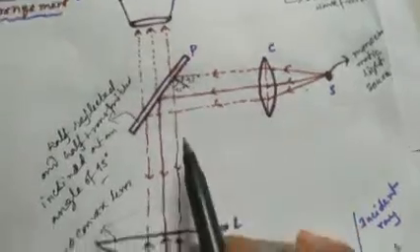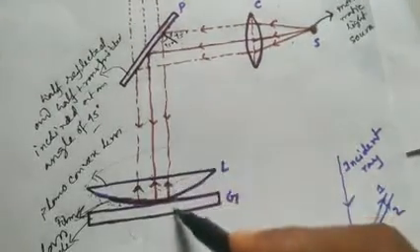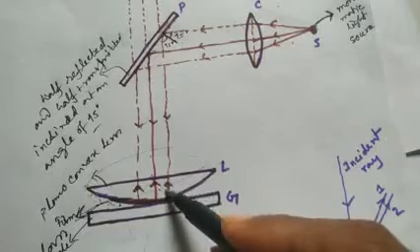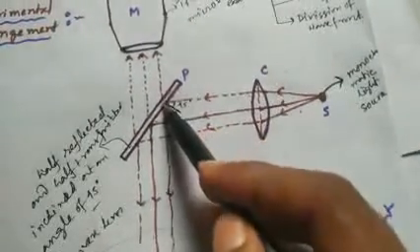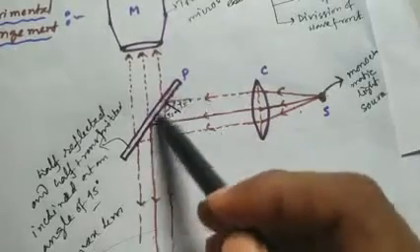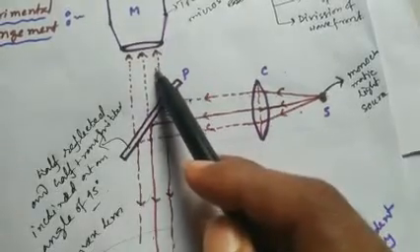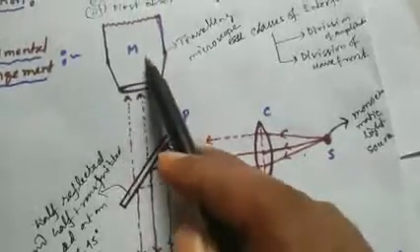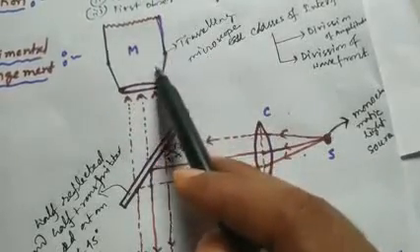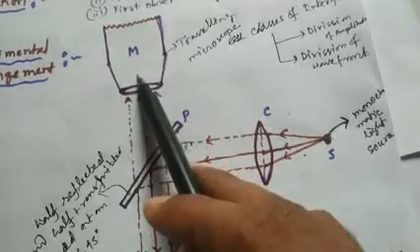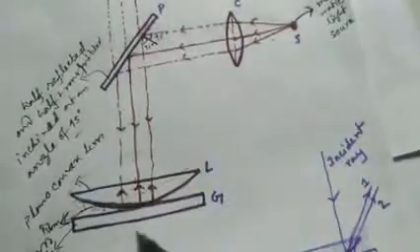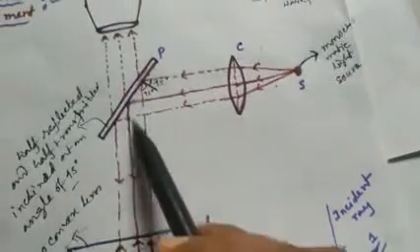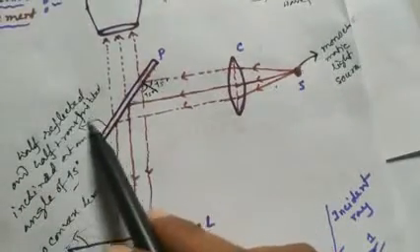Why half transmitted? Because the rays reflected from the film, incident normally at 90 degrees, are reflected and transmitted through P. If they were not transmitted, no rays would reach the traveling microscope and you couldn't observe the Newton's rings.